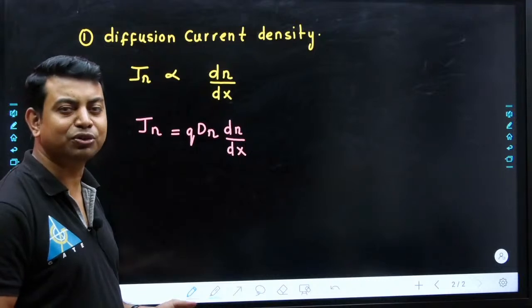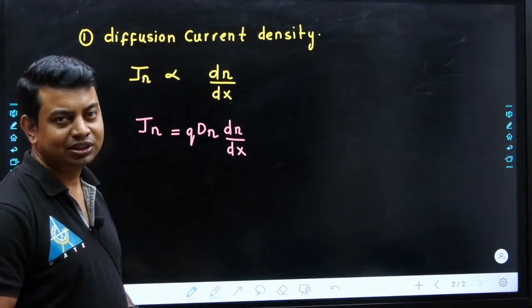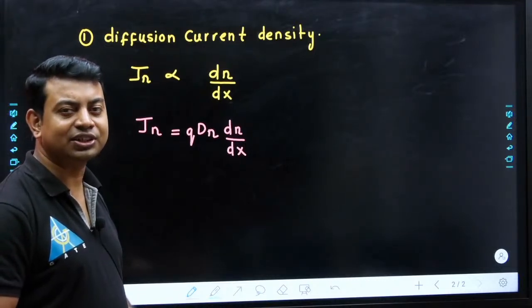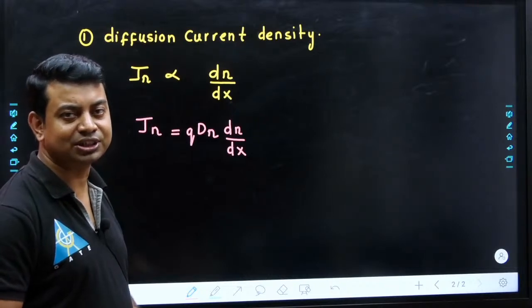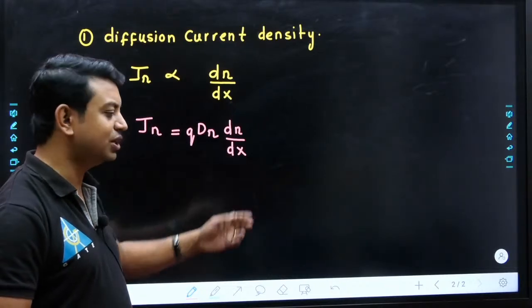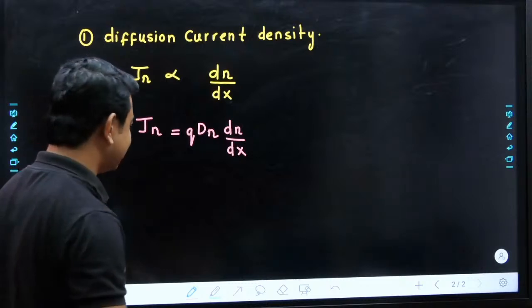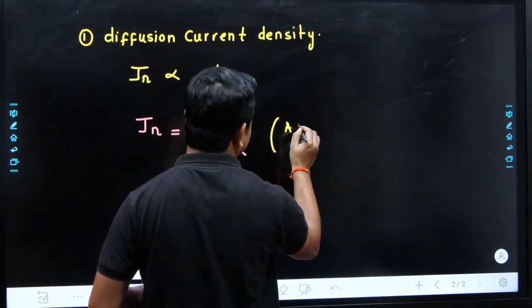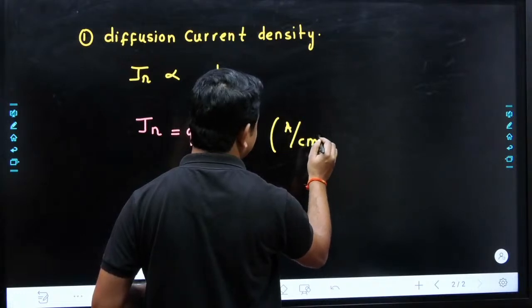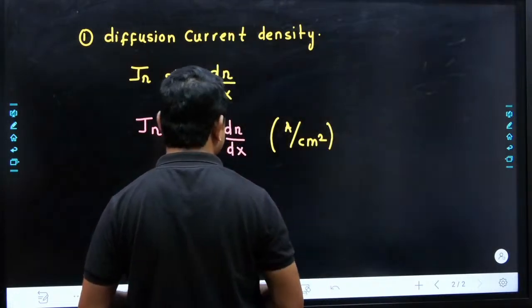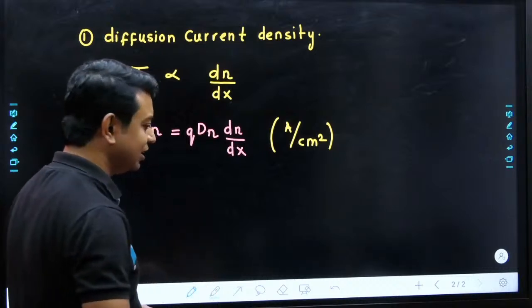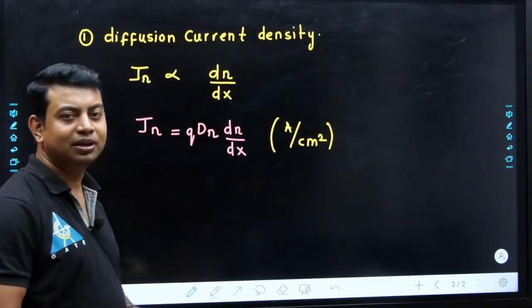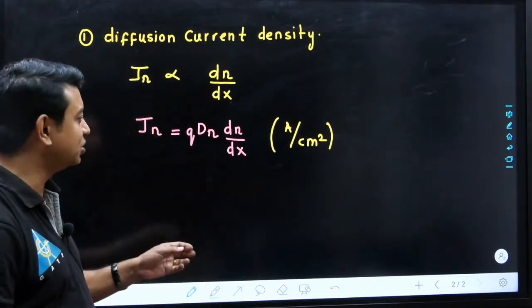It exists whenever there is a concentration difference within a small distance within the semiconductor itself. The unit is ampere per centimeter square, because this is a current density.